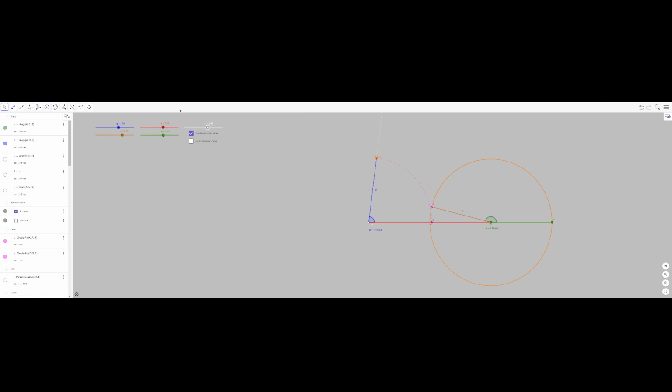From R, draw RS perpendicular to OA, and from O as the center and OS as the radius, describe the arc SP cutting OB at P.